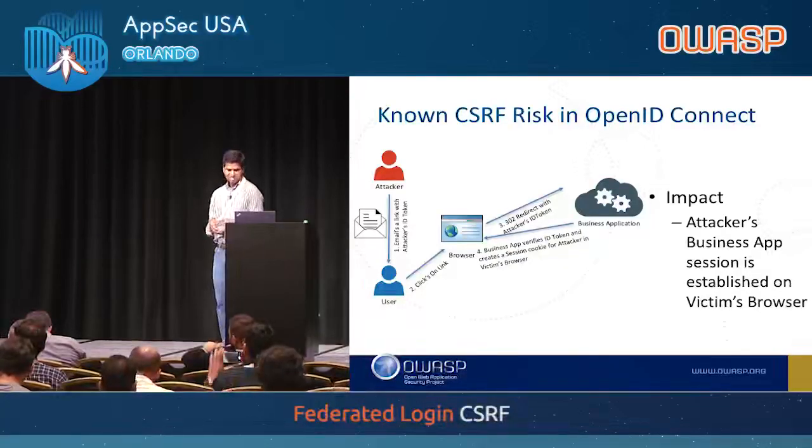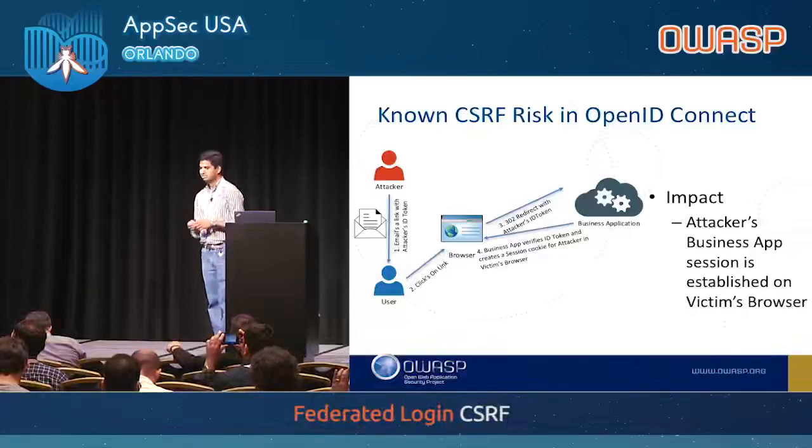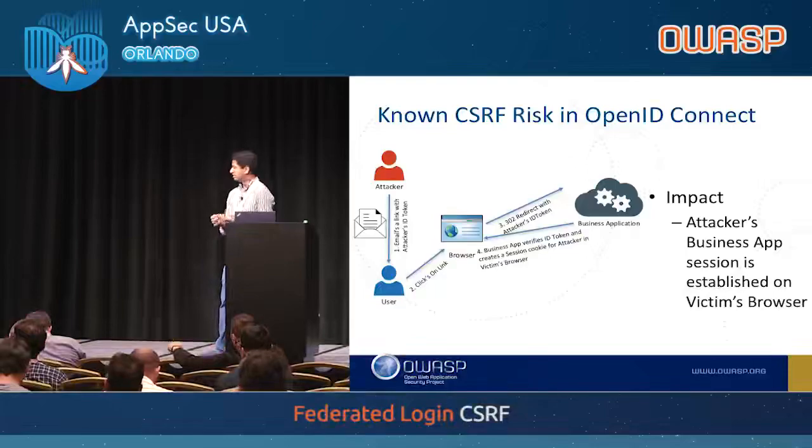So the end result of all of this is the attacker's business app session is established on the victim's browser. So what is wrong with that? I mean, it doesn't seem to be a big issue.